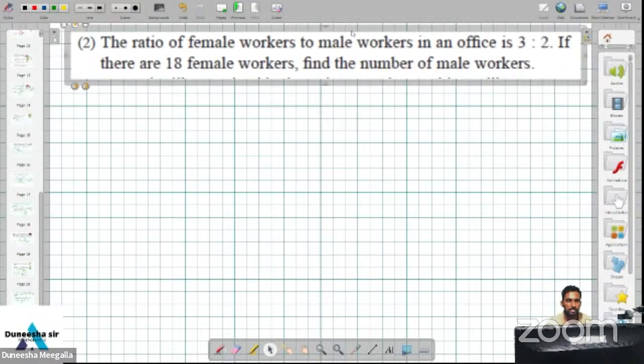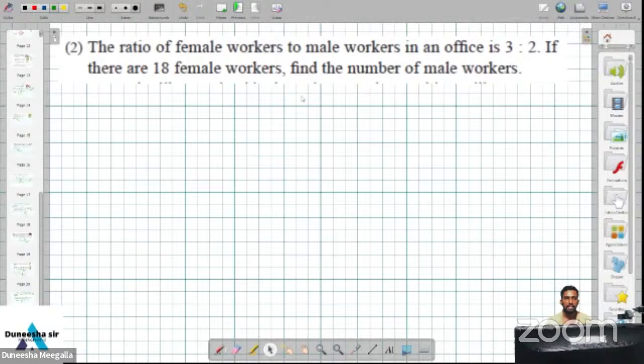Okay, try to do the second question. Ratio of female workers to male workers in an office 3 to 2.